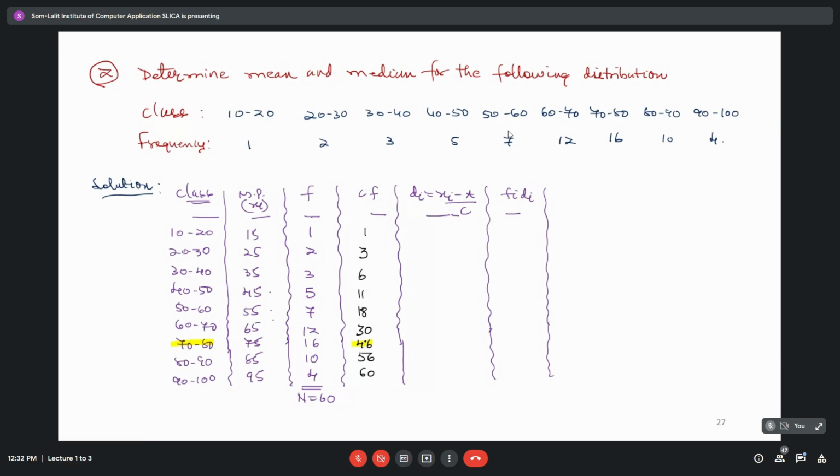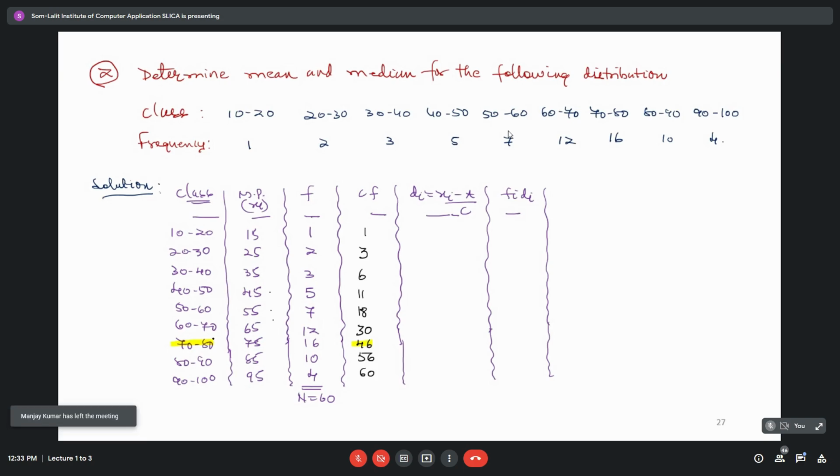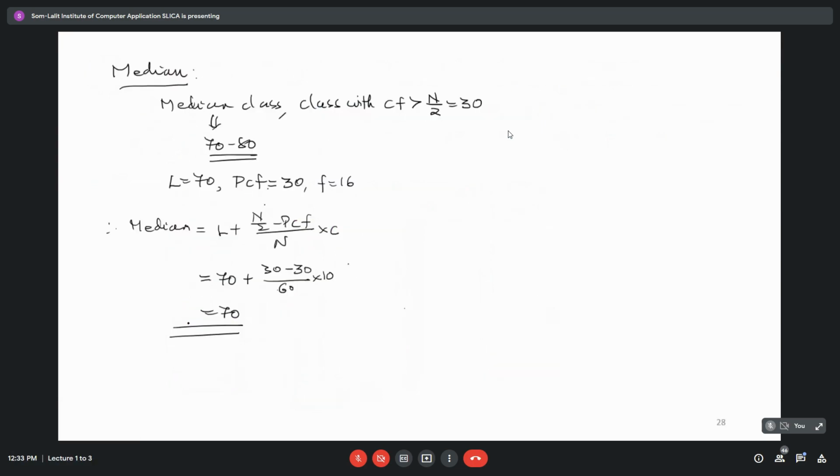So the lower limit is how much? Lower limit is 70. N by 2, which is 30. PCF is 30, so is there a question? It's right.